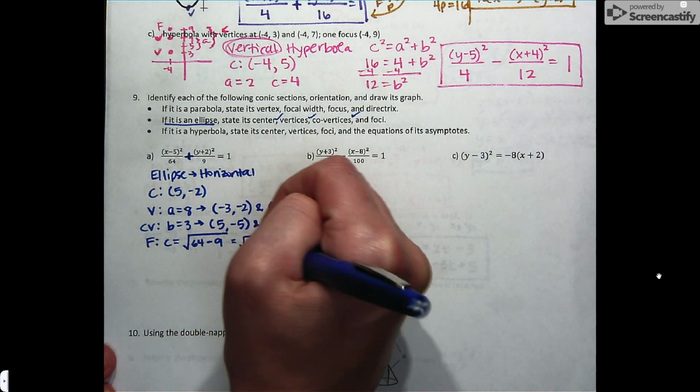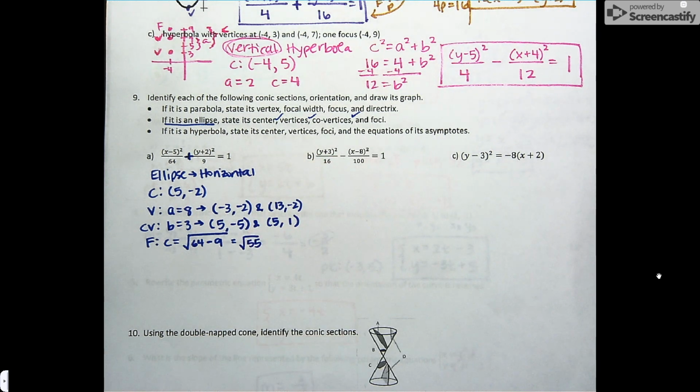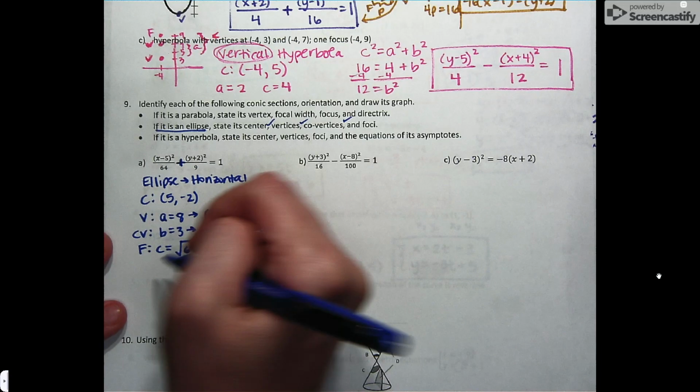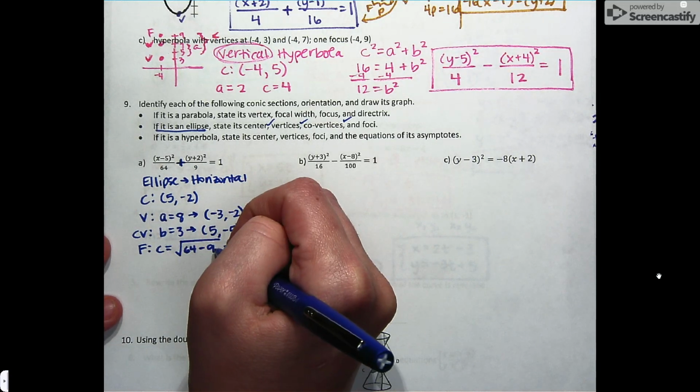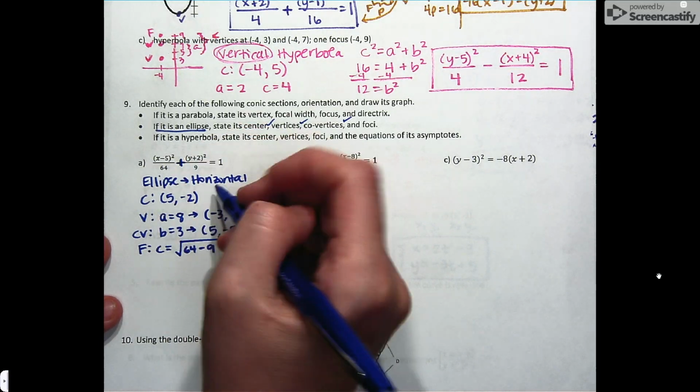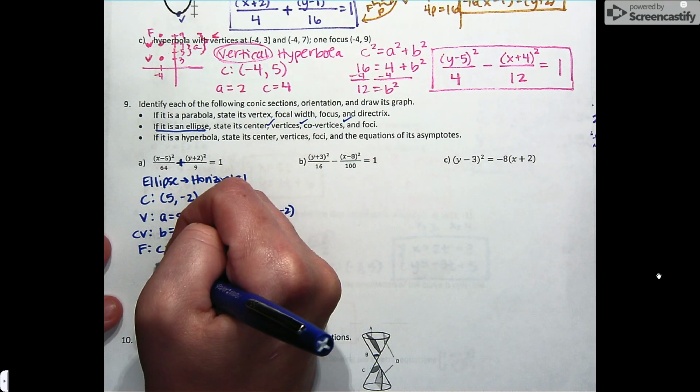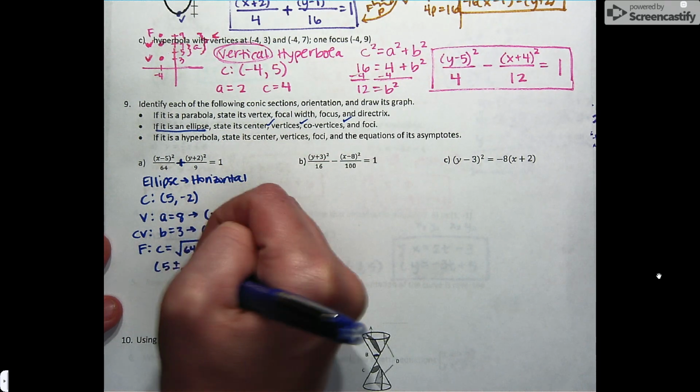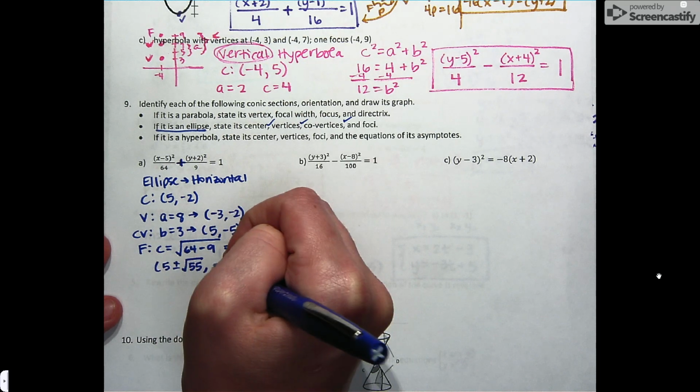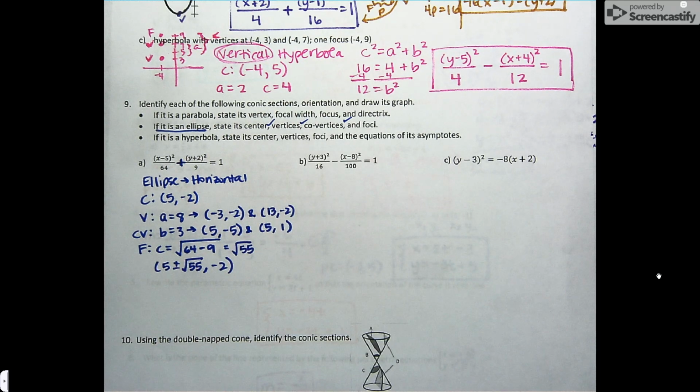So the square root of 55 is nothing pretty. You do not have to simplify that anymore. Just write your foci as points. So foci are on what we call the major axis, which in this case, since it's horizontal, will be x. So my foci are 5 plus or minus the square root of 55, comma, -2.